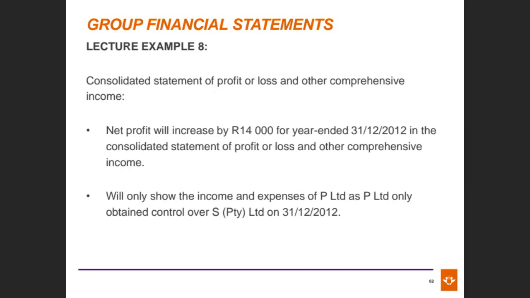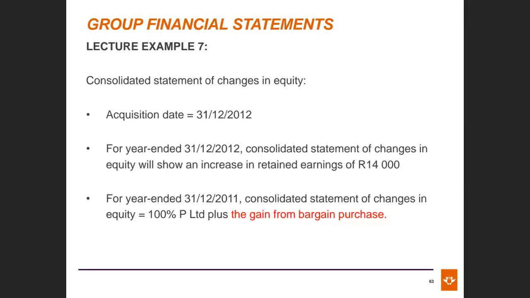This slide just explains that here. The net profit will increase by 14,000 Rand in the statement of profit or loss and other comprehensive income for the year ended 31 December 2012. The consolidated statement of changes in equity will show an increase in retained earnings of 14,000 Rand.